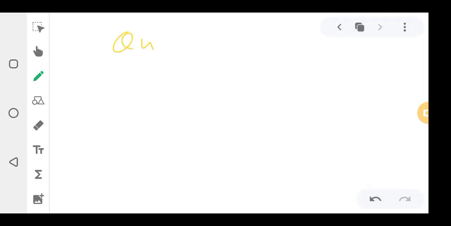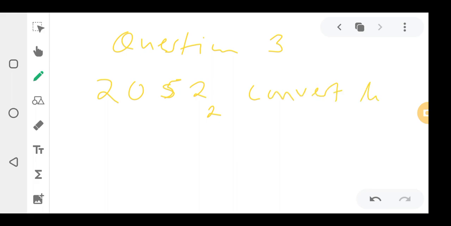Lastly, I'm going to do the last question, so I'll name it question 3. I've done the first example and second example. So for example, I write 2052 base 2, and then I say convert to base 10.